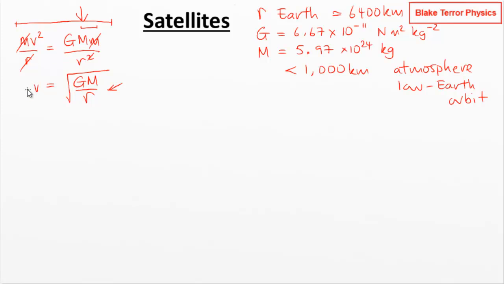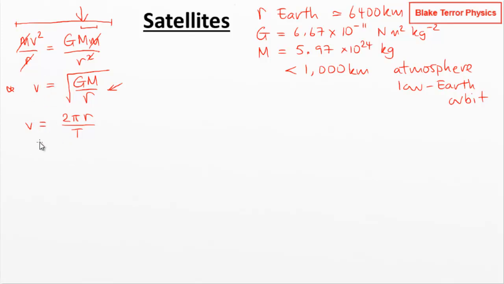Right, let's get back to the maths then, because something else which is going to be useful, and I did this in a previous video as well, is let's combine this equation here with the fact that the orbital speed is also our distance over time. So that's our 2 pi r over t. Now, if we combine these two equations, this gives us Kepler's third law.